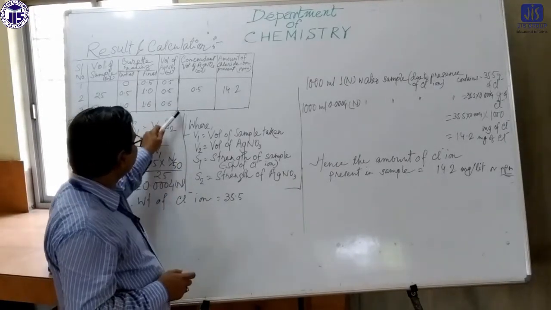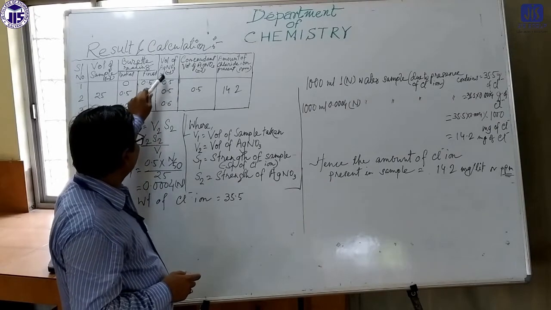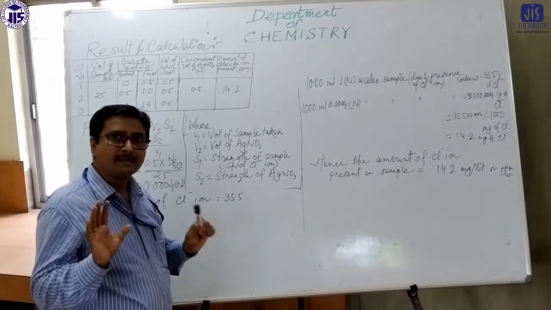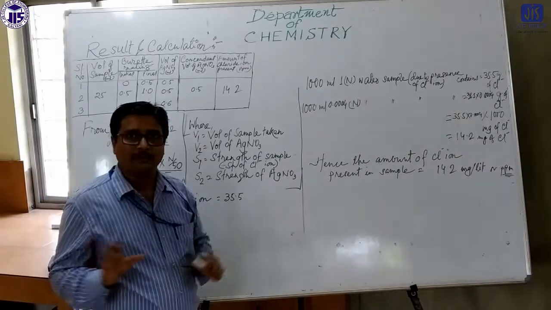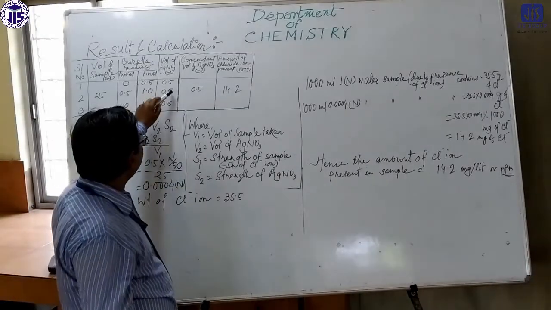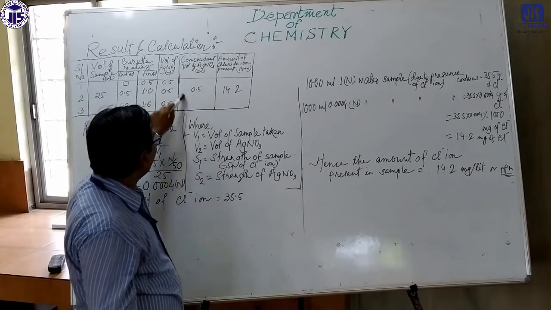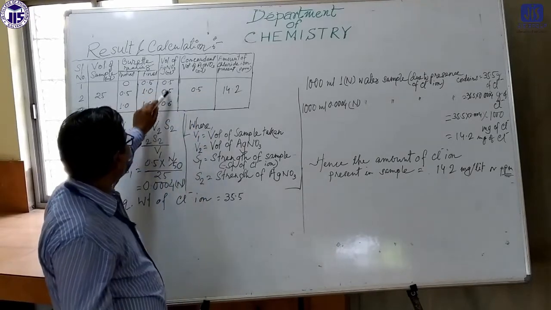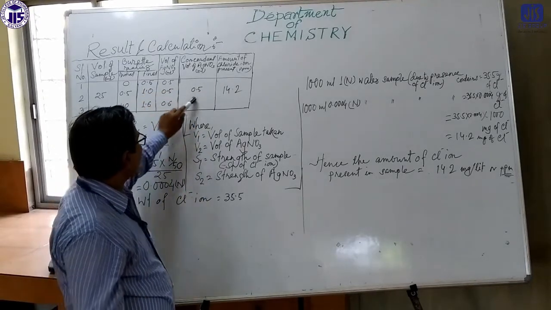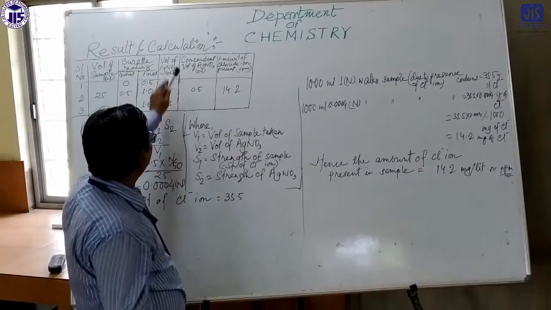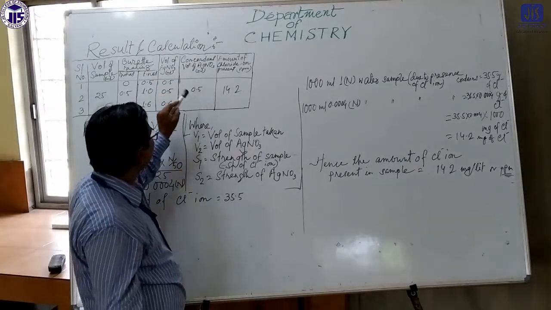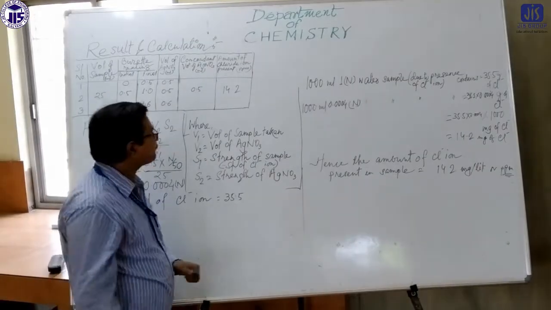So minimum twice you have to get the same reading, then it is considered good. Those 2 consecutive readings that are the same are the concordant reading. Here 0.5 is coming twice, that's why 0.5 is the concordant reading. Taking that concordant reading, you have to calculate further.